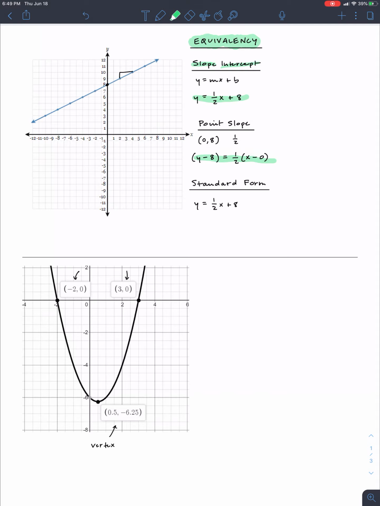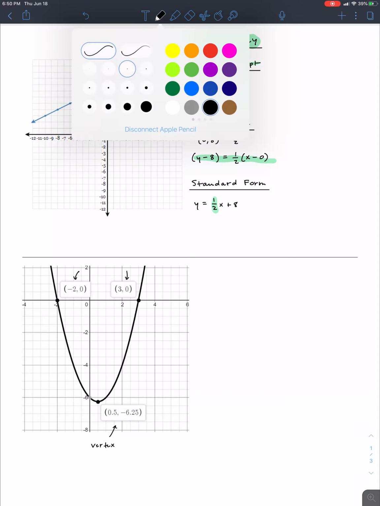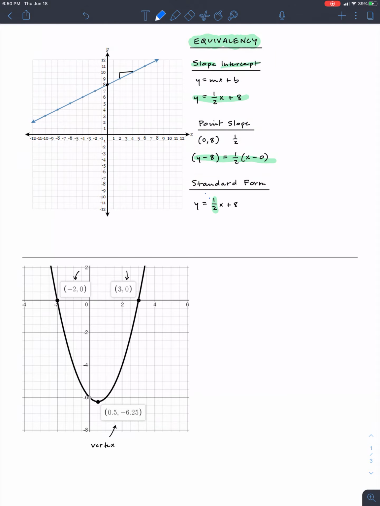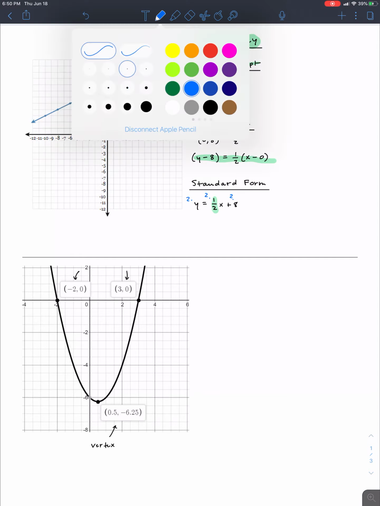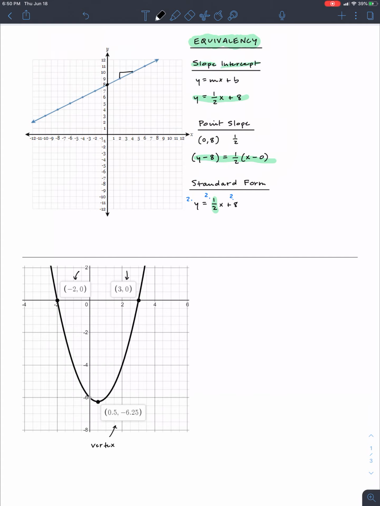And if I get rid of 1/2 by multiplying everything by 2, then I end up with 2y equals x plus 16, or I can say that 2y minus x equals 16. And here we have our standard form.